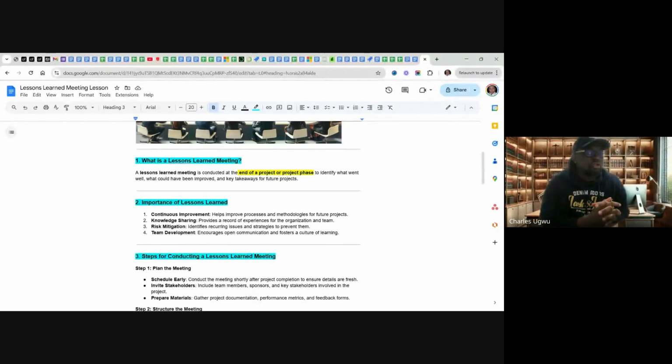Every organization or every project management office needs this knowledge base. That is where the upcoming project team can leverage it as a research base to understand what has been going on in this company in terms of project management.